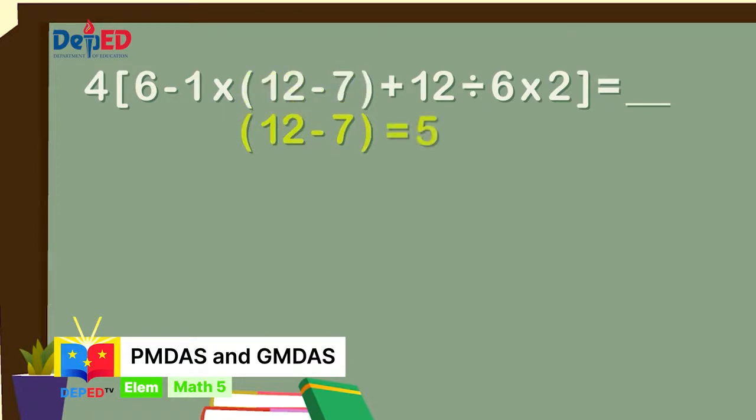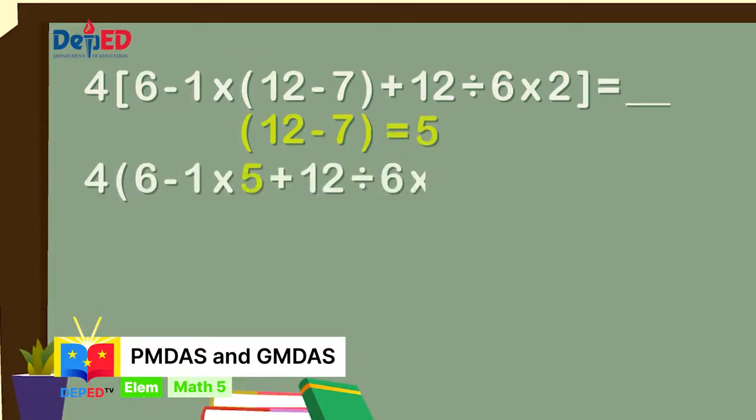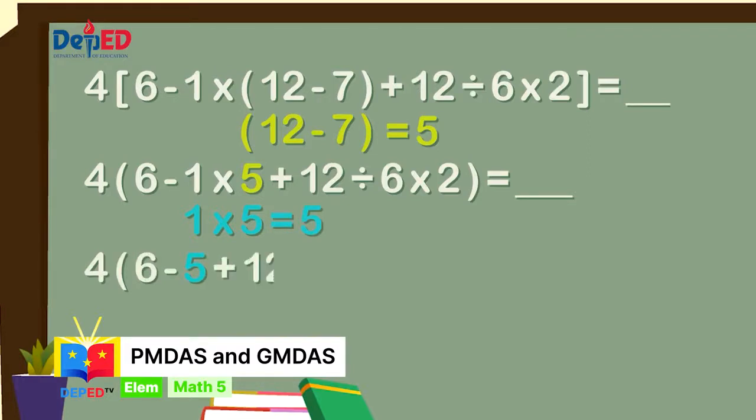That gives us 4, open parenthesis, 6, minus 1 times 5 plus 12 divided by 6 times 2, close parenthesis. Next, for those inside the parenthesis, apply Rule 2 by multiplying 1 by 5 to produce 5. We are now left with 4, open parenthesis, 6, minus 5 plus 12 divided by 6 times 2, close parenthesis.